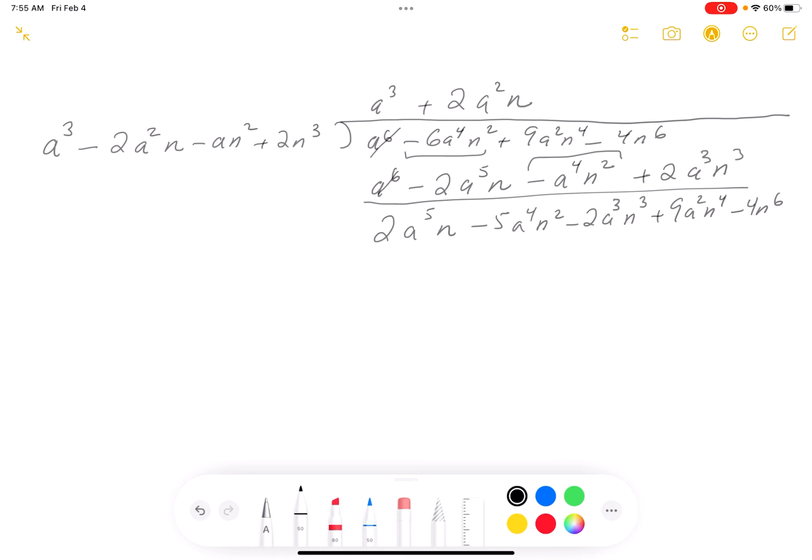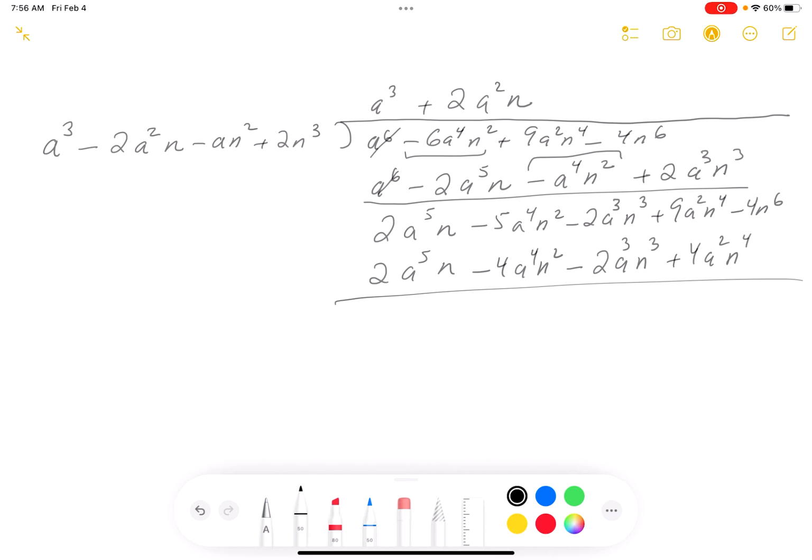What do we get? 2a^5 n, and then minus 4a^4 n squared, then minus 2a cubed n cubed, and then plus 4a squared n^4. All right, what happens here? Yeah, a lot of nice things happen. Not great things, but some nice things.